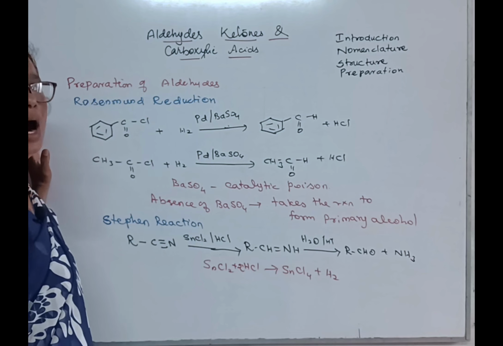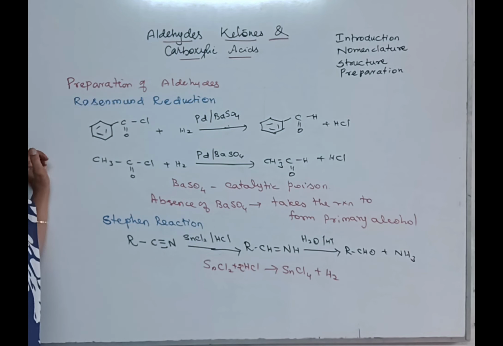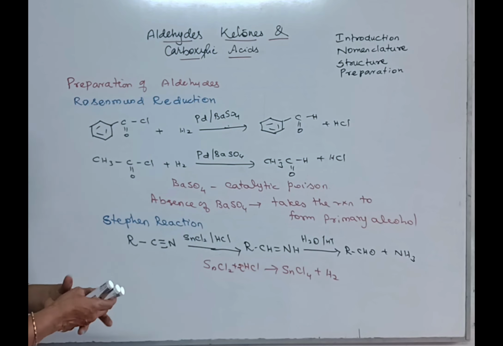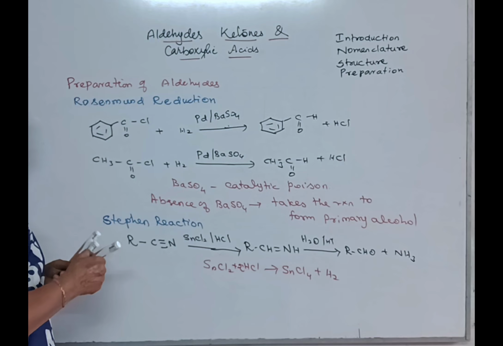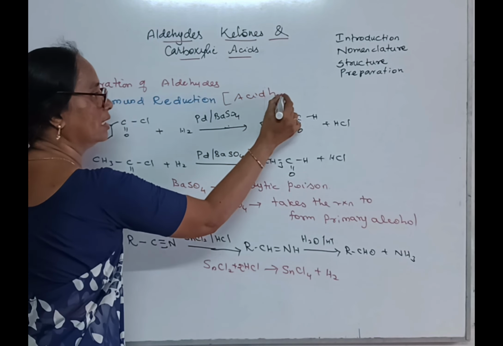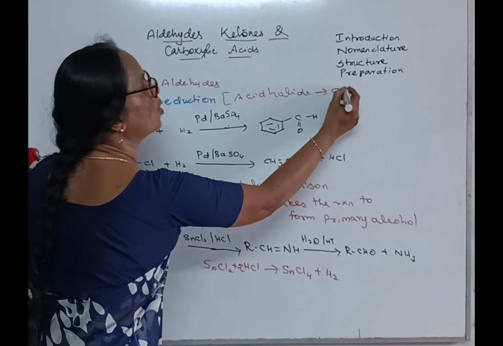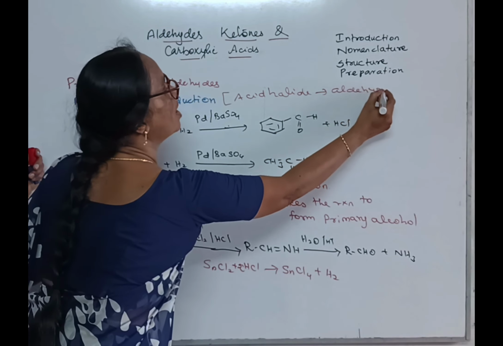Preparation of aldehydes. The first reaction, let us see, is Rosenmund reduction. It is a name reaction. In Rosenmund reduction, acid halides are converted into aldehydes. We can take either an aliphatic compound or even an aromatic compound, and we will get the corresponding aldehyde.